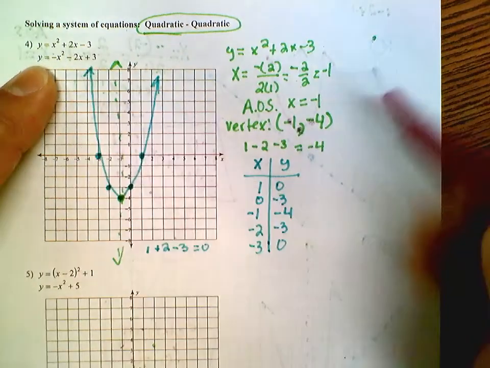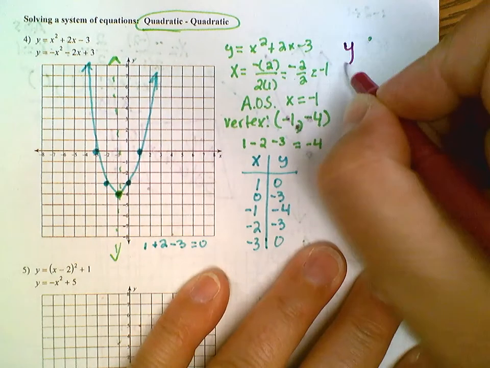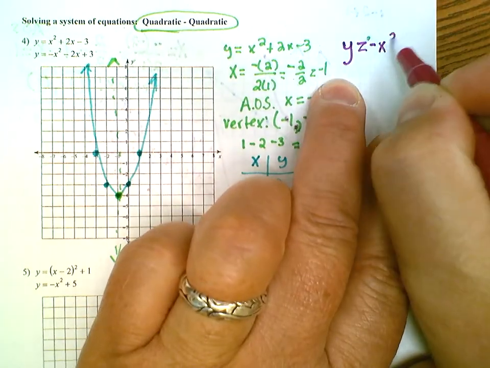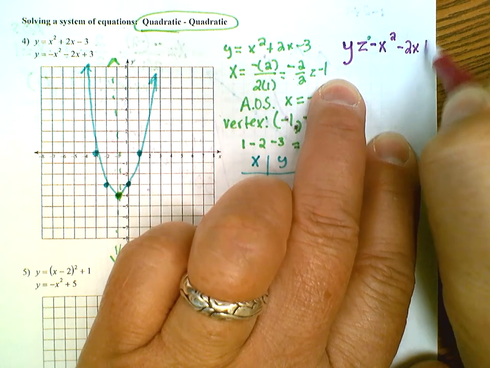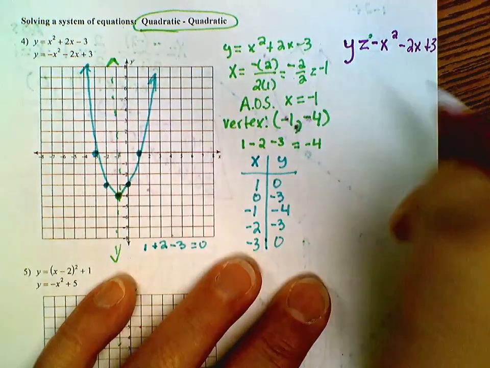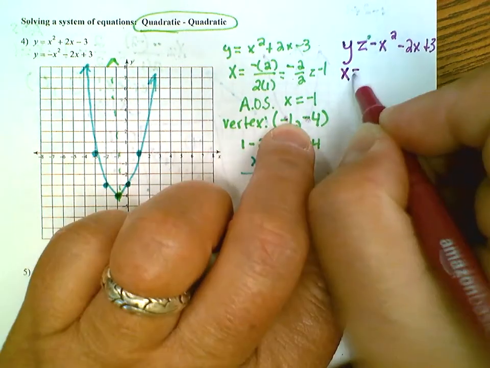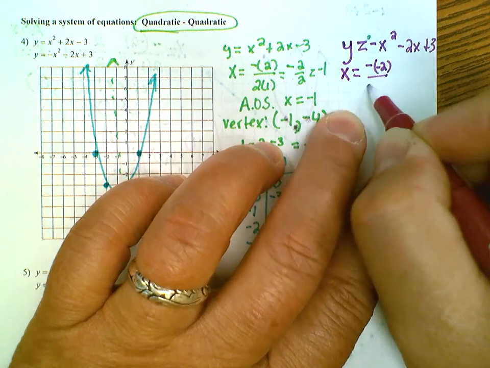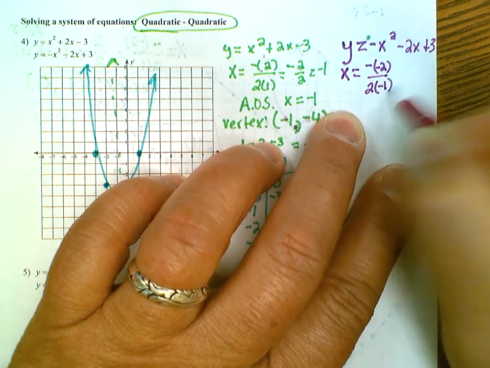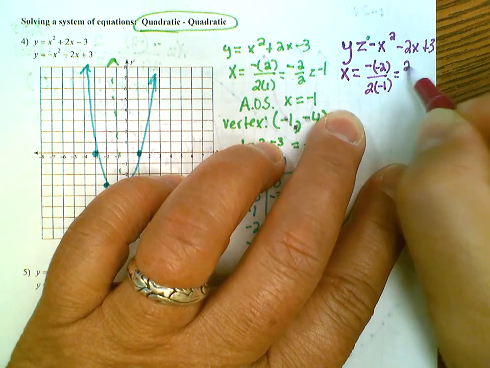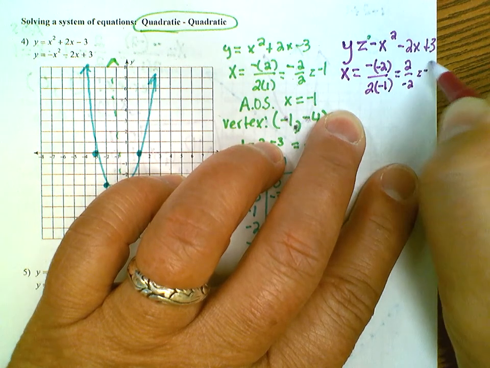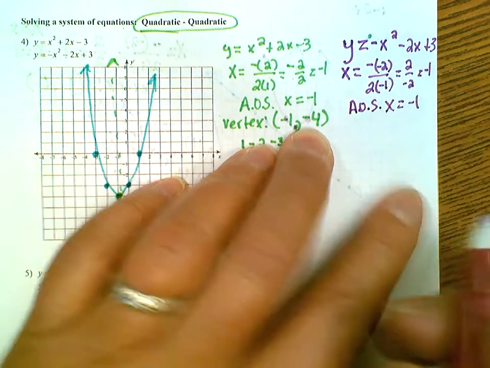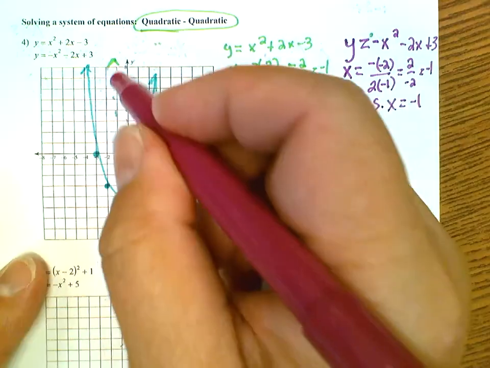And I'll go ahead and start graphing this one. So y equals negative x squared minus 2x plus 3. For my axis of symmetry, negative b over 2a is negative negative 2 divided by 2 times negative 1. So that's 2 divided by negative 2, or negative 1. We have the same axis of symmetry again.